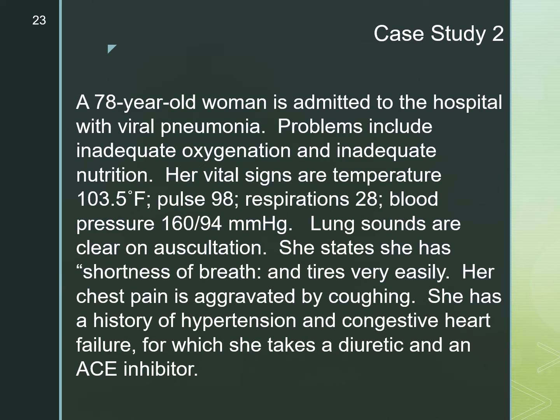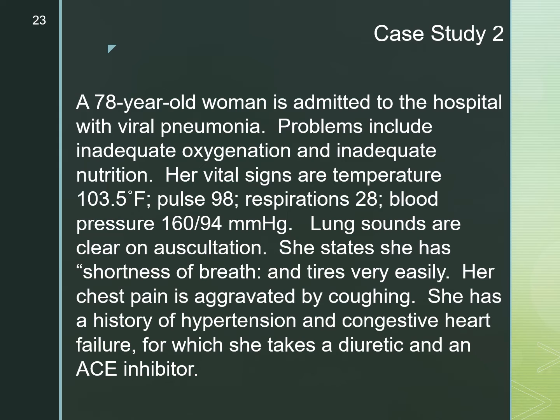A 78-year-old woman is admitted to the hospital with viral pneumonia. Problems include inadequate oxygenation and inadequate nutrition. Her vital signs: temp of 103.5, heart rate of 98, respirations 28, blood pressure is 160 over 94. Lung sounds are clear on auscultation.